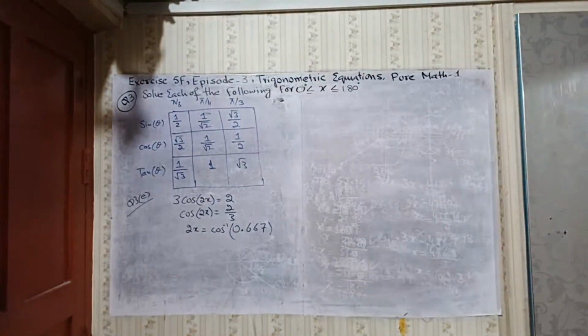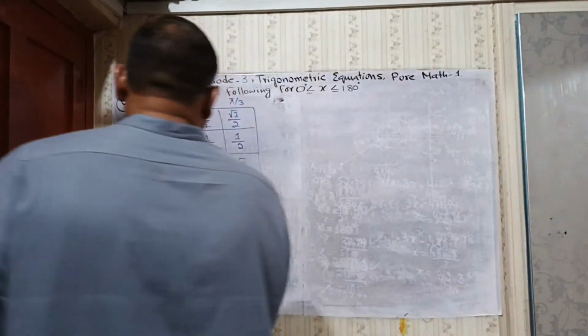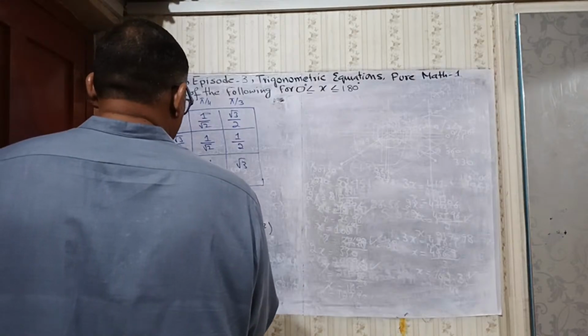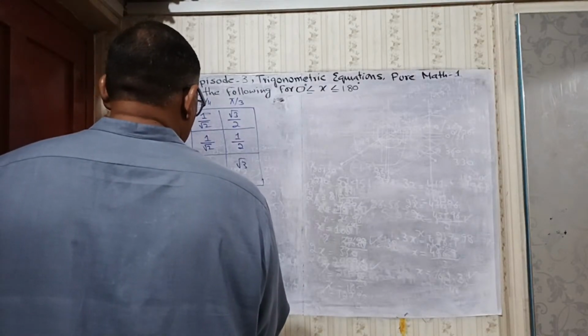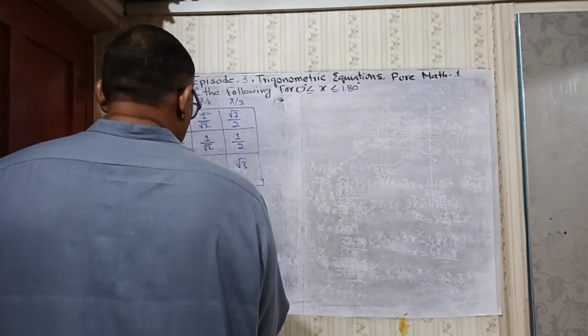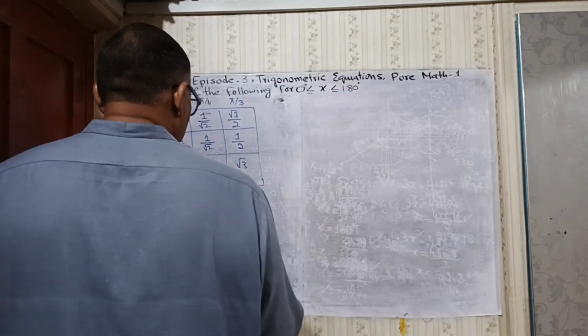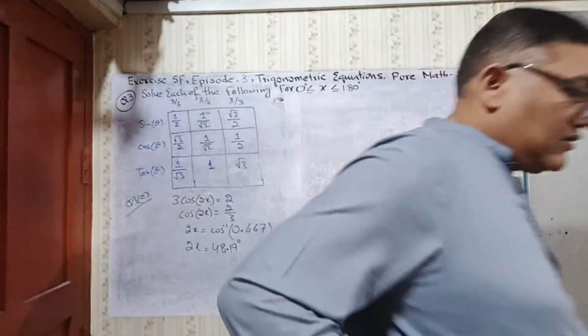So we will find it using shift cos, bracket start 2 divided by 3, bracket close, equals 48.19. So my base angle is coming out to be 48.19 degrees. This is the base angle.